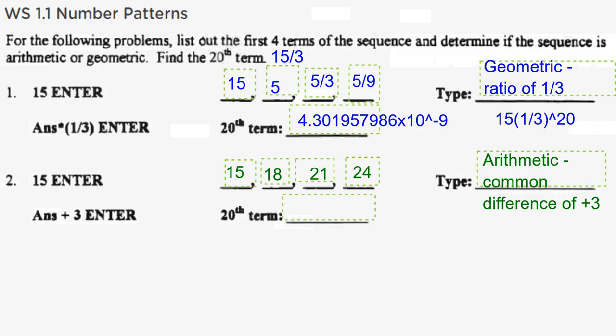I can either keep track in the calculator of hitting enter 20 times after my 15 to see what that term is, or algebraically, I could write the expression that would represent that term, which would bring me to a value of 75. Now, if you had 72 for your 20th term, that's because you assumed that the 15 was your first term, a sub 1, and that brought you to that value.